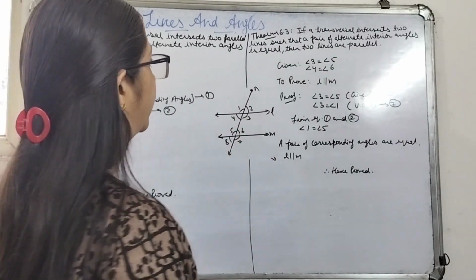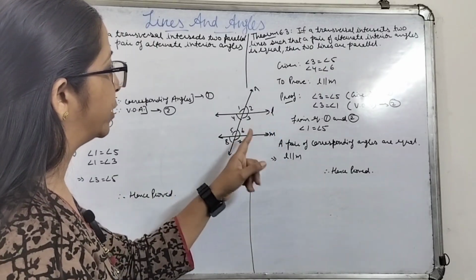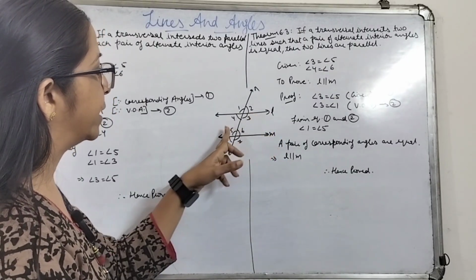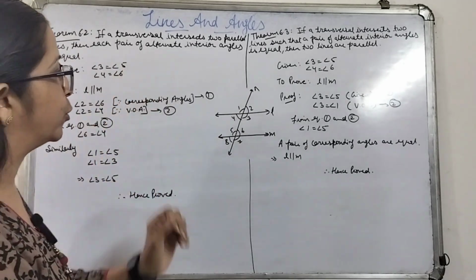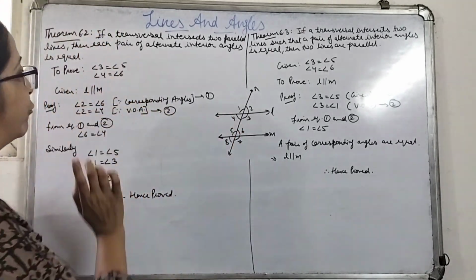This we have to prove. It is given that L is parallel to M. We have to prove that the alternate interior angles, that means angle 3 is equivalent to angle 5, and angle 4 is equivalent to angle 6.